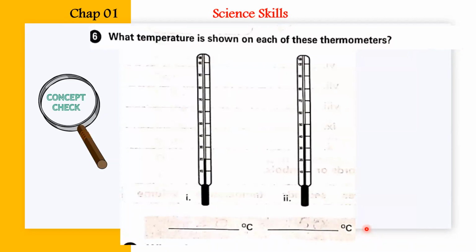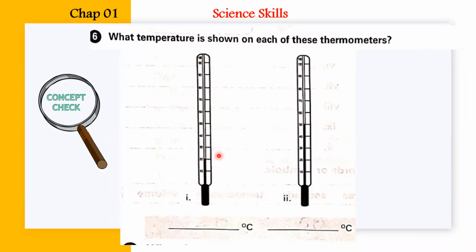Now come towards the thermometer. These are the thermometers. In the first thermometer, what is the reading? What temperature is shown in each of these thermometers? You can clearly see this is the level of the mercury. So it gives you an idea about what temperature is there: 20 degrees Celsius. Yes, very nice.